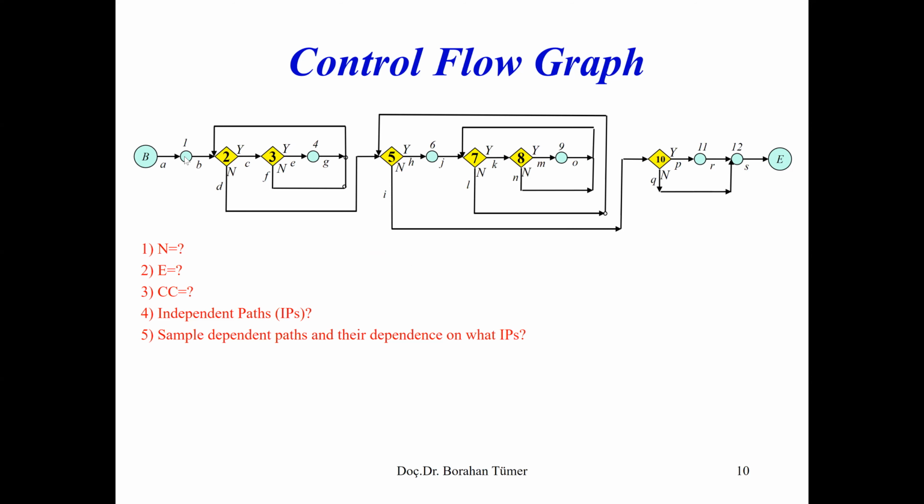1, 2, 5, 10, 12. So this is the shortest independent path of flow. Now let me show you another one. 1, 2, 5, 10, 11, 12. This is another one. Okay.